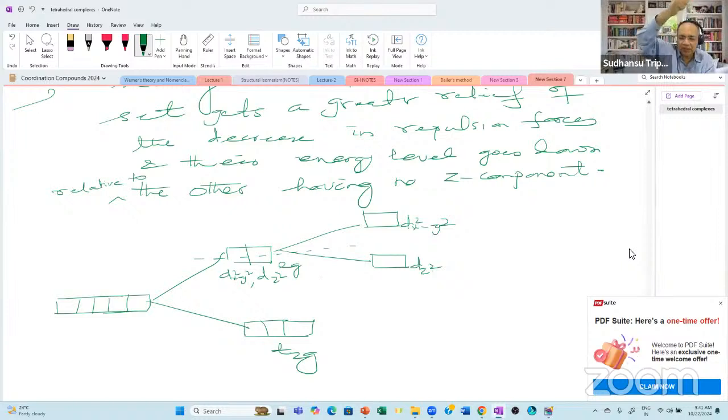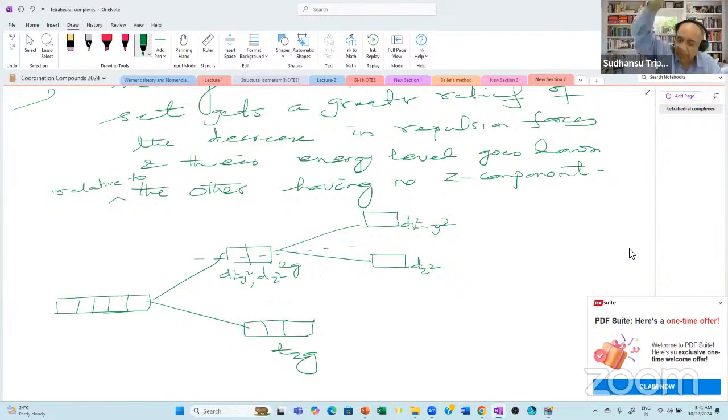Because that one was experiencing repulsion to the maximum, dz square, because it has a Z component. The lobes of x square minus y square are away along the xy plane, so when Z-out distortion happens, the repulsion will be decreased to a greater extent.